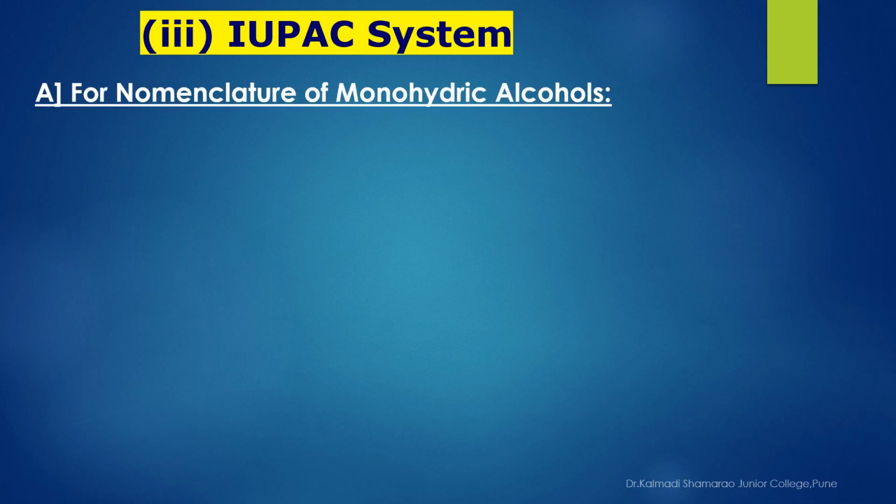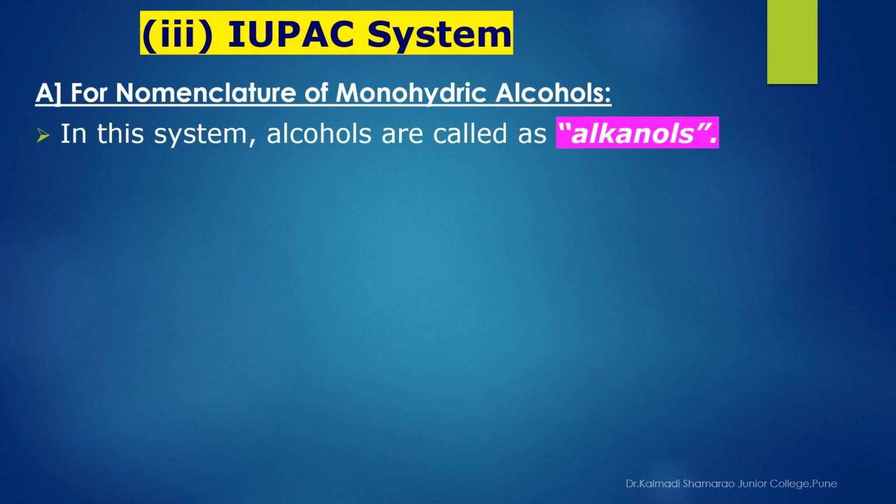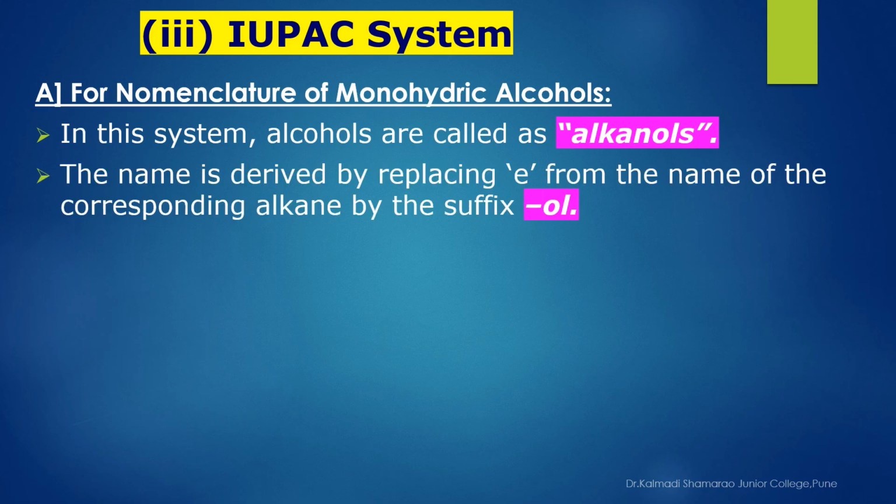Third, IUPAC system for nomenclature of monohydric alcohols. In this system, alcohols are called alkanols. The name is derived by replacing the E from the name of the corresponding alkane by the suffix -ol.